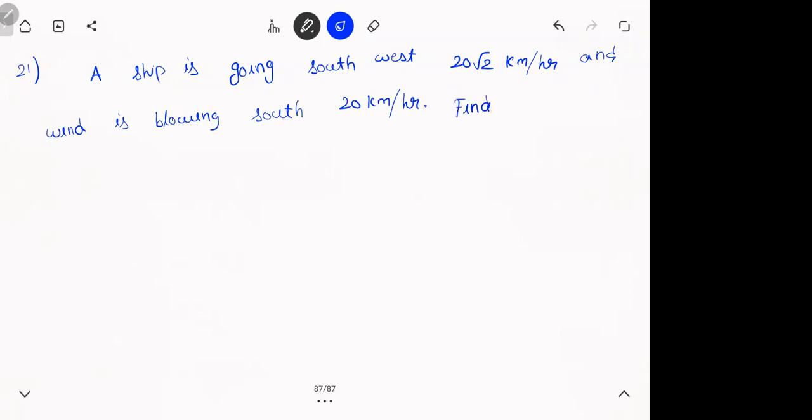Find the direction the flag points. After this, we'll take up paper cutouts. Finish all this.